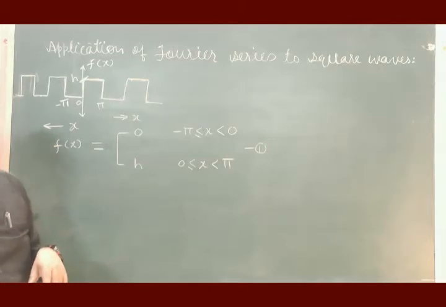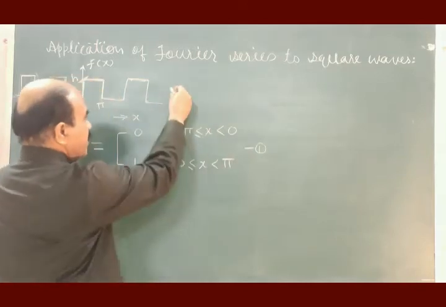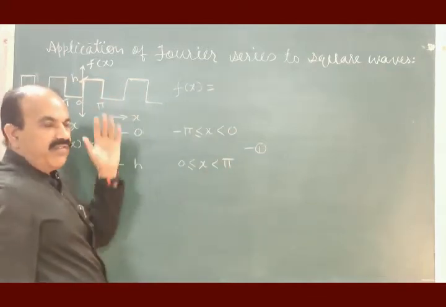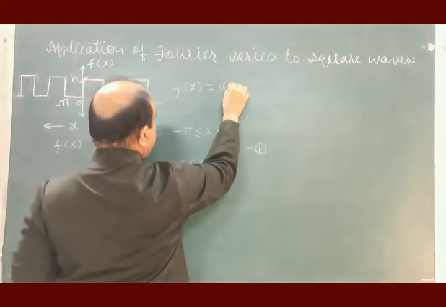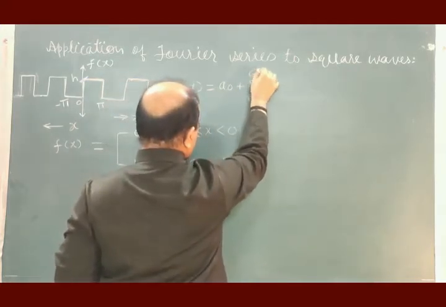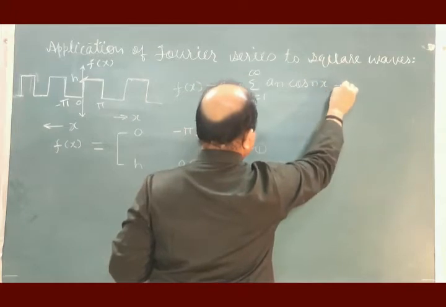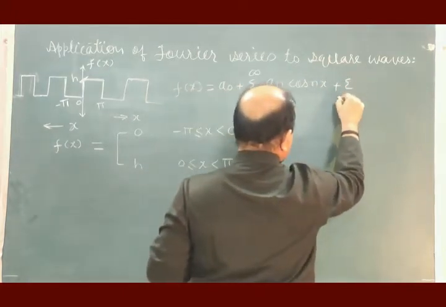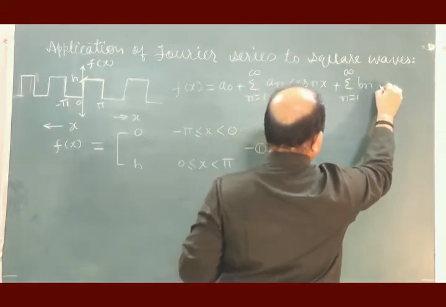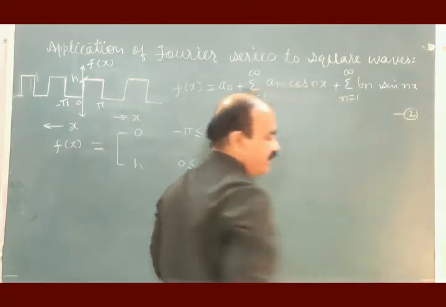This function f of x can be represented in the form of Fourier series. So let us write in general Fourier series f of x for the square wave. That will be a0 plus summation of n is equal to 1 to infinity a n cos nx plus summation of n is equal to 1 to infinity b n sin nx, equation number 2.